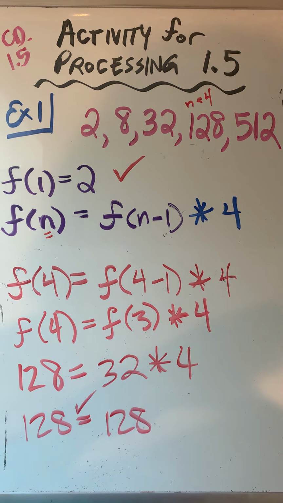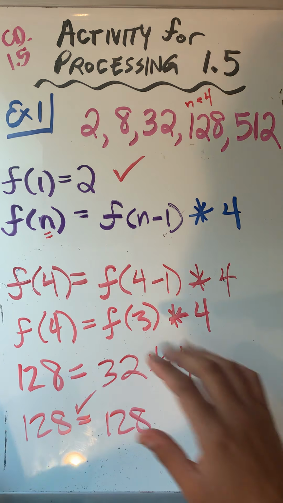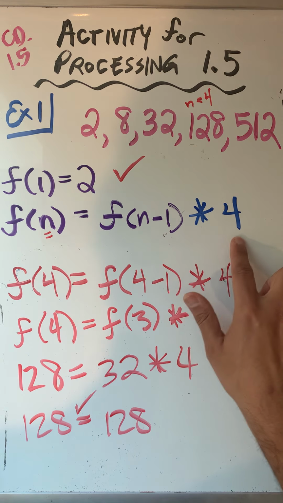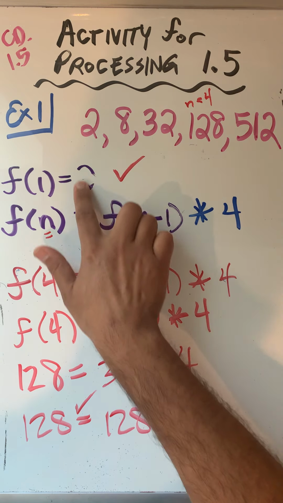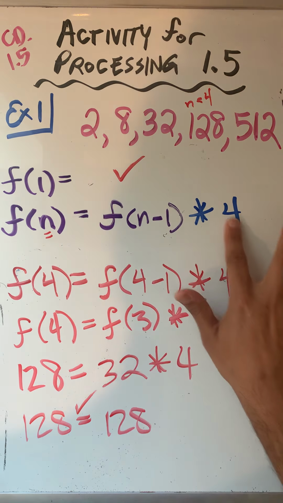Okay, so that's how you create an equation for these things here. You're going to notice that the only thing that really changes is the first part and the growth factor.